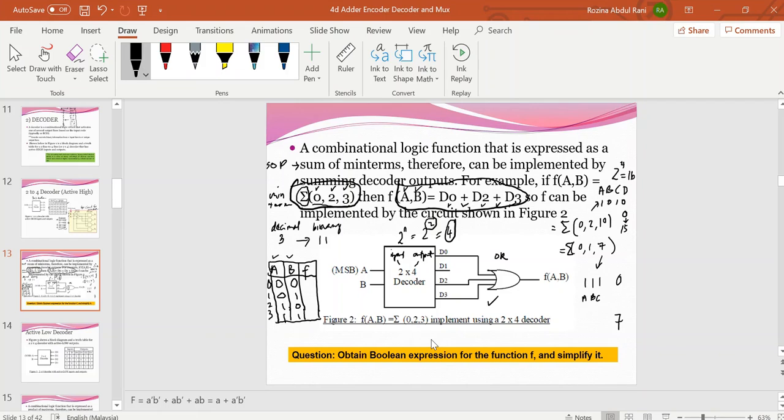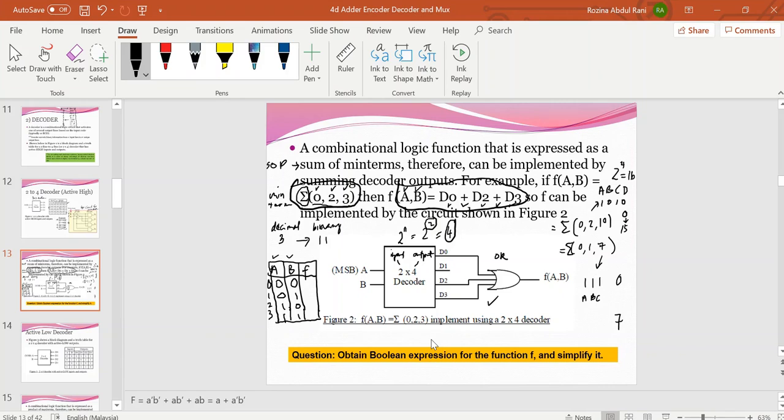So, a question from this diagram: obtain the Boolean expression for the function f and simplify it. What is the Boolean function for this decoder circuit?